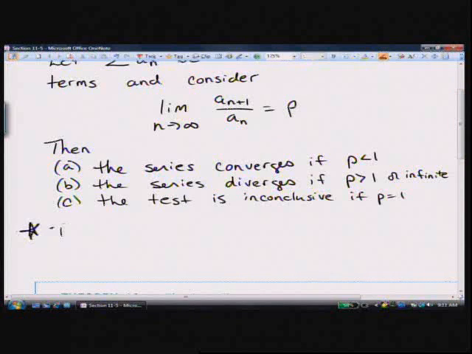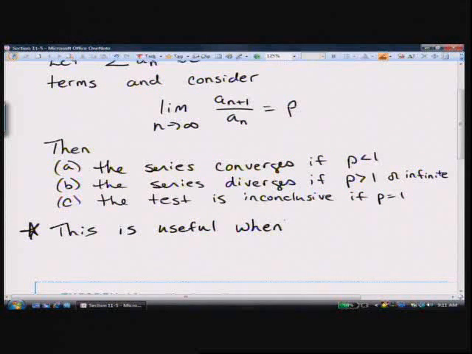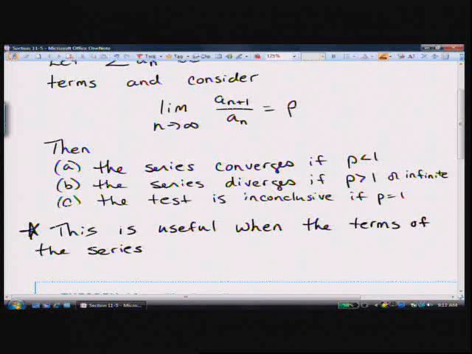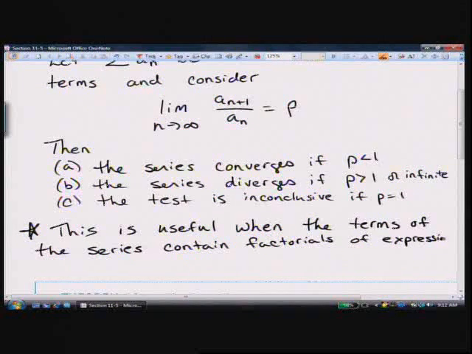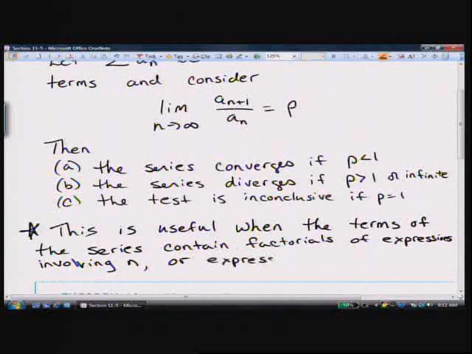So this is useful when the terms of the series contain factorials of expressions involving n or expressions raised to a power of n.